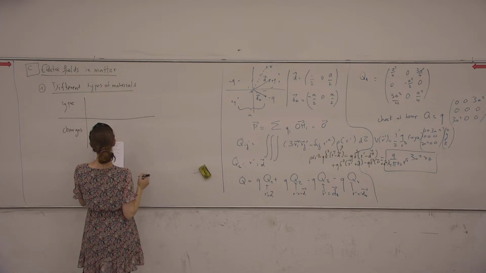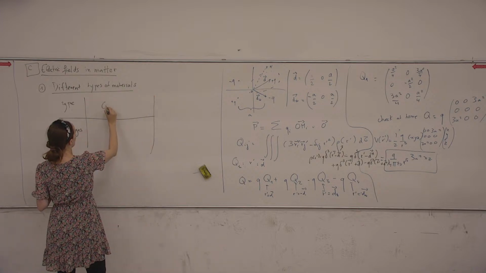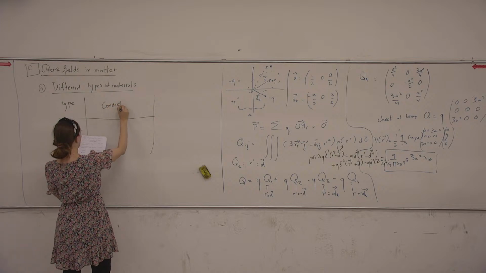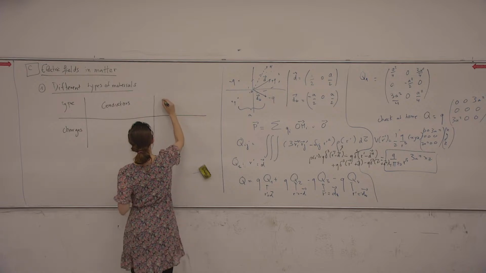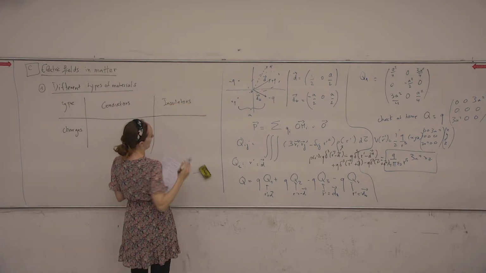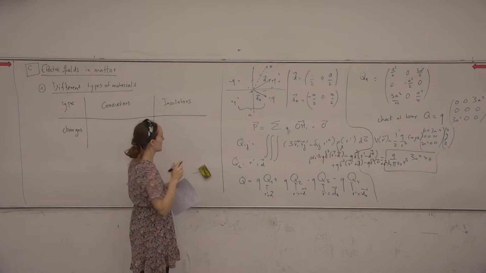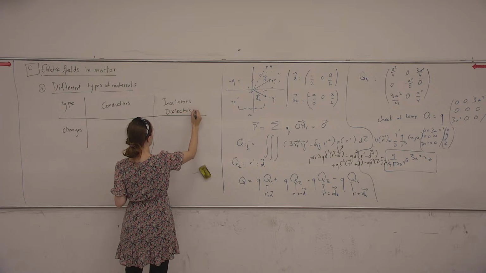The first category, which we already mentioned, is conductors. And the second category is insulators. And we will call them dielectric materials.